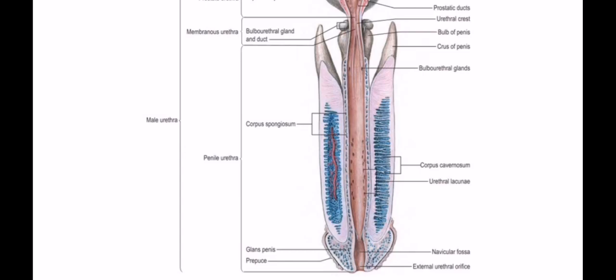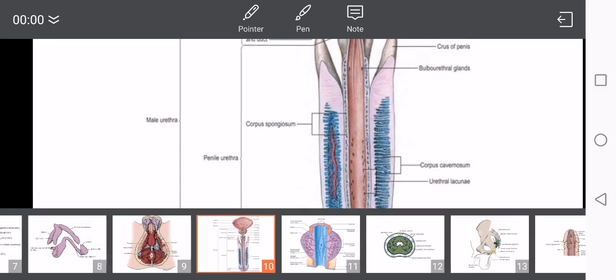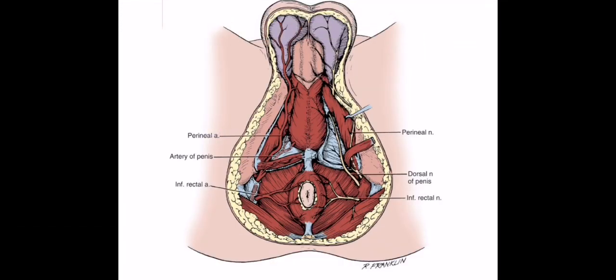Sorry, this is the picture of it. This is the bulbar urethra. It is surrounded by the bulbospongiosus muscle. The bulbourethral glands open around 2.5 cm below the perineal membrane.